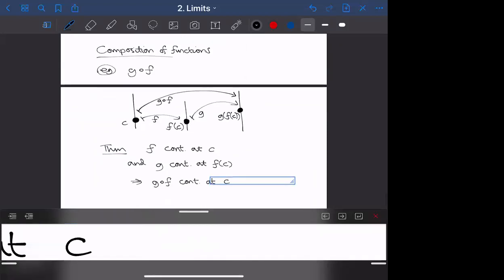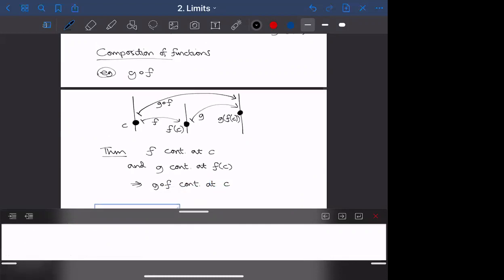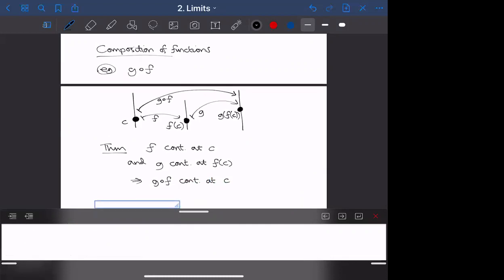Let's see. Okay. So let's make an example of this. I'll give another example of a continuous function first.